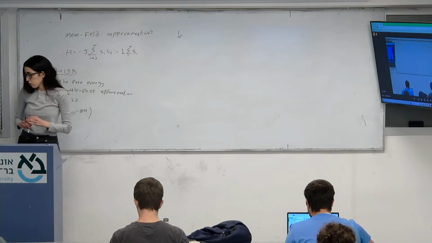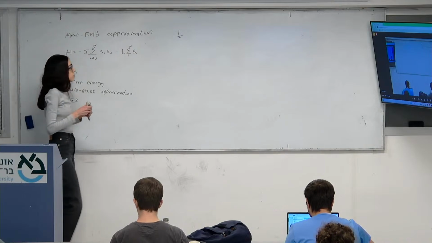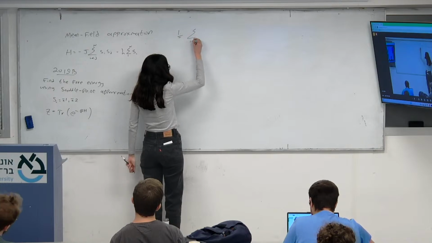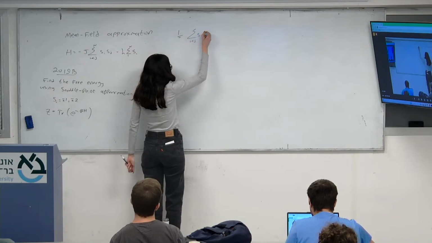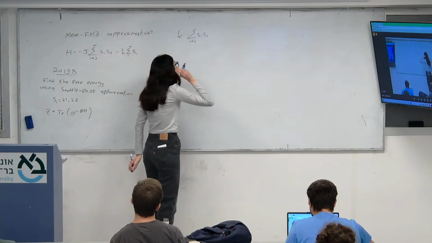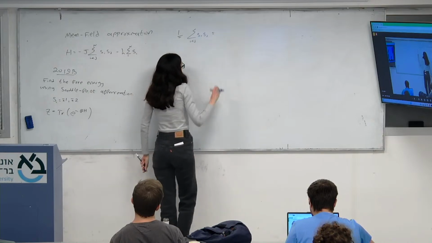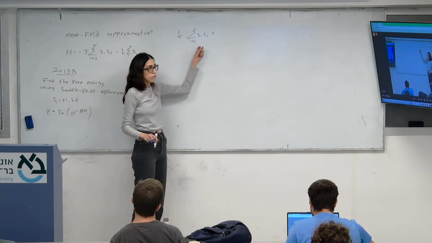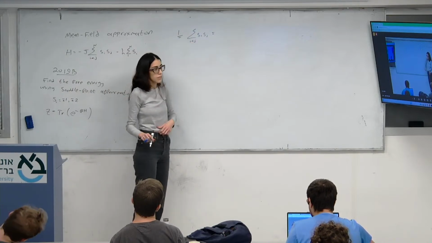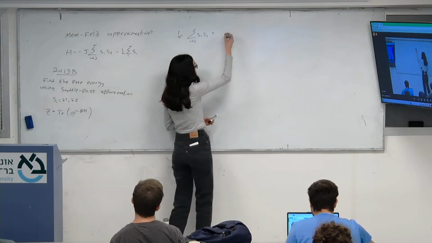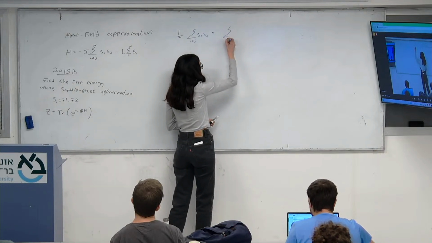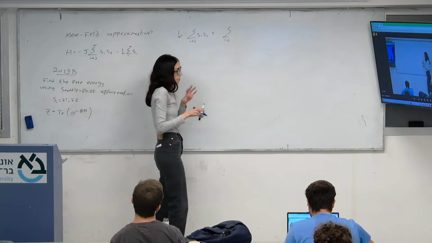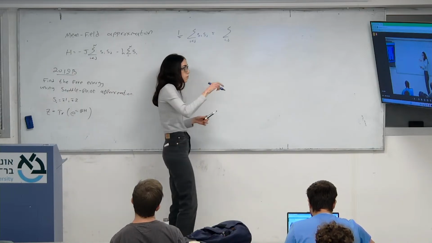So, what we're going to do is to take the sum of i smaller than j, Si Sj, and say that this is basically a summation over any i that's different than j. So this is equal to, the first summation is any i and j in the system in general, including i equal to j.